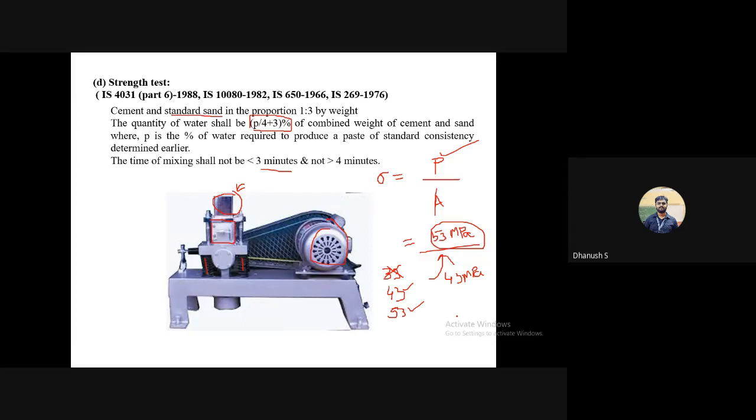Now let me ask you a question. This proportioning that we do, 1 part of cement and 3 parts by weight of sand, what type of grading is this? I told you 2 types of grading, remember? I showed you an S-shaped curve.